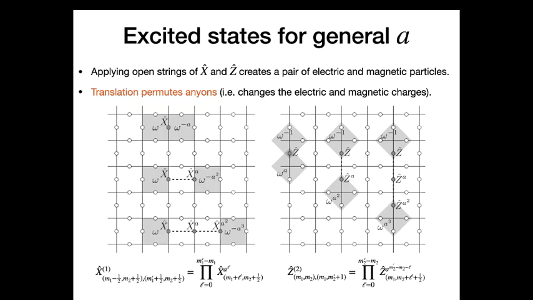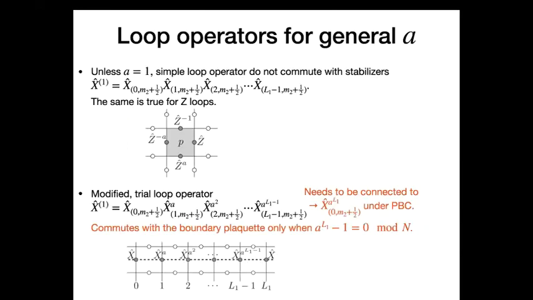Because of this reason, this operator doesn't commute with the Hamiltonian. I need to do x next to x to the power a, to the power a squared. I need the string operator. The power cannot be chosen uniformly.